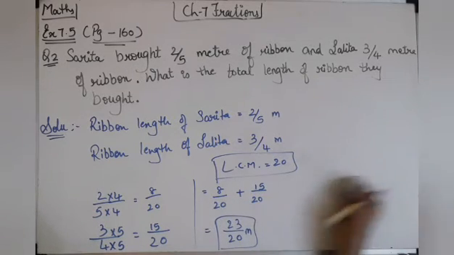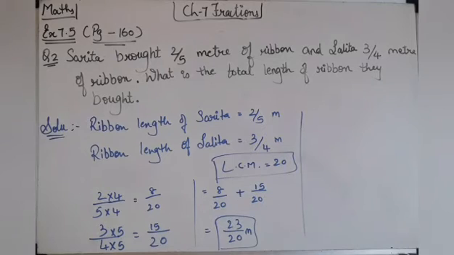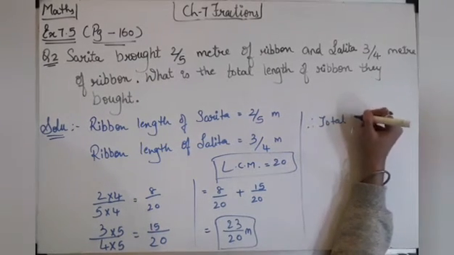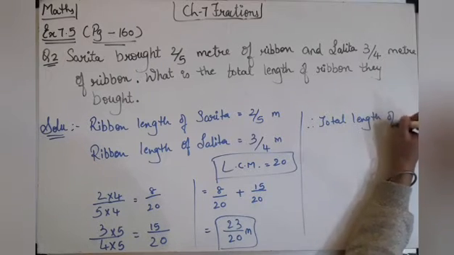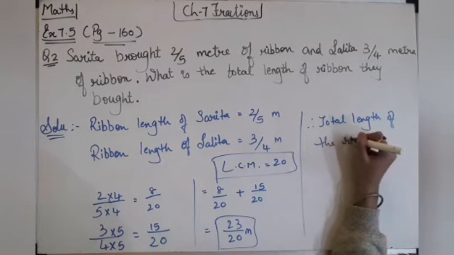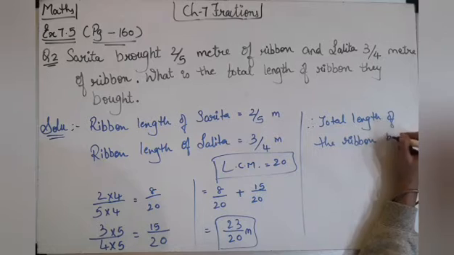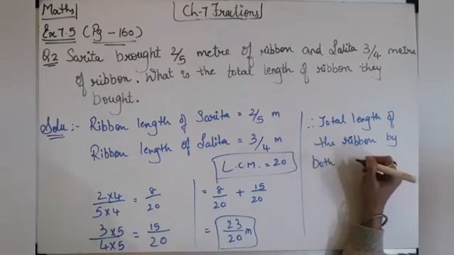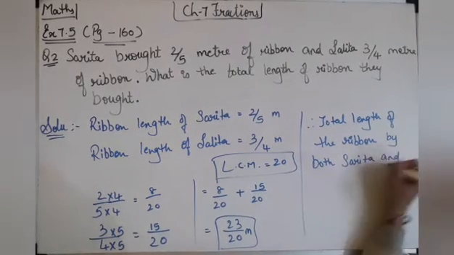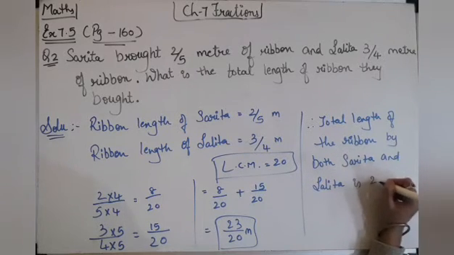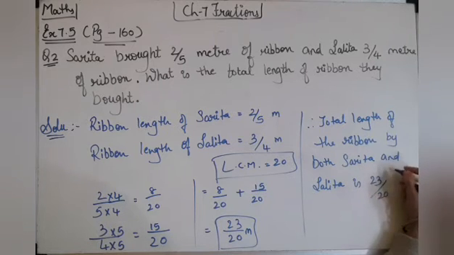Now we'll write the last statement: the total length of the ribbon by both Sarita and Lalita is 23 upon 20 meters.